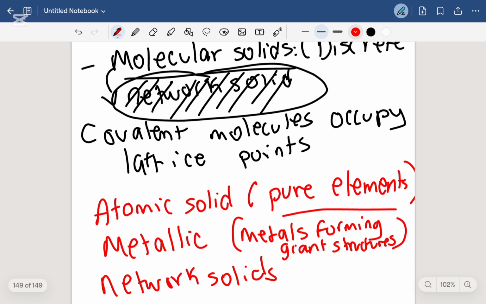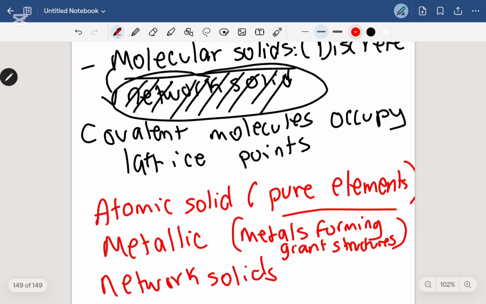And they are like one giant molecule, unlike the molecular solids, where it's a molecule here, a molecule there, a bunch of molecules all together forming the molecular solid. A network solid is just like one giant molecule. It's a bunch of atoms bonded all together. It's not a molecule bonded to another molecule. No, it's a bunch of atoms bonded all together to form one giant molecule, which we call a network solid.